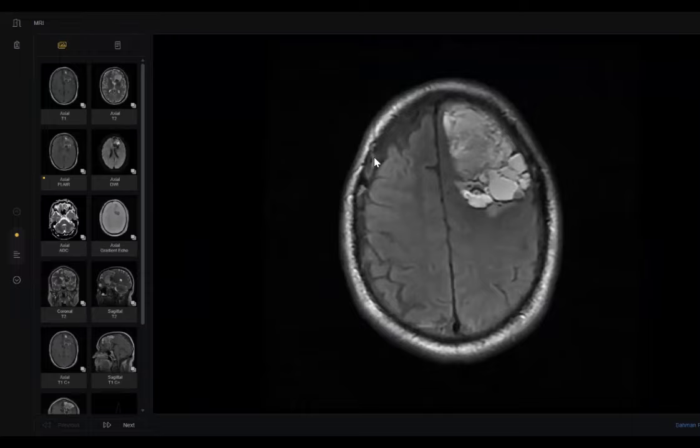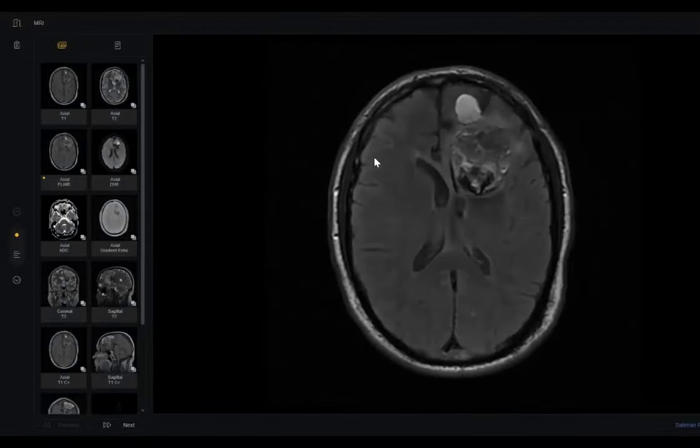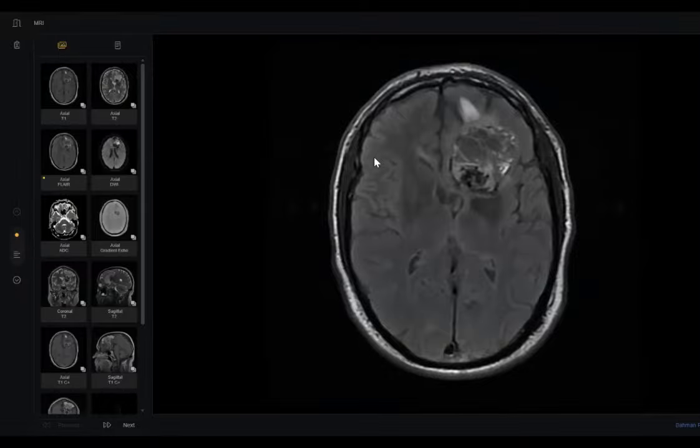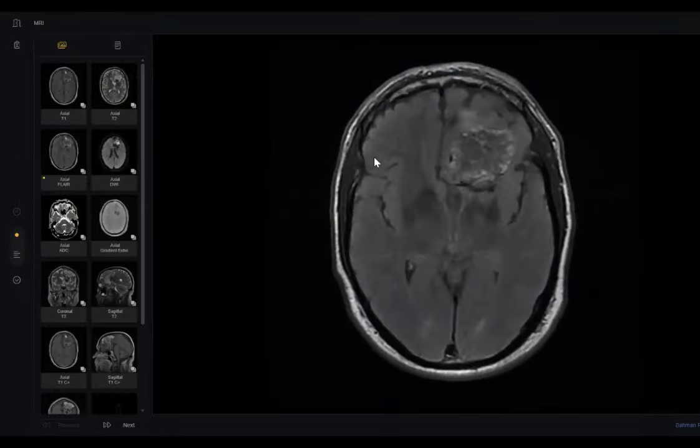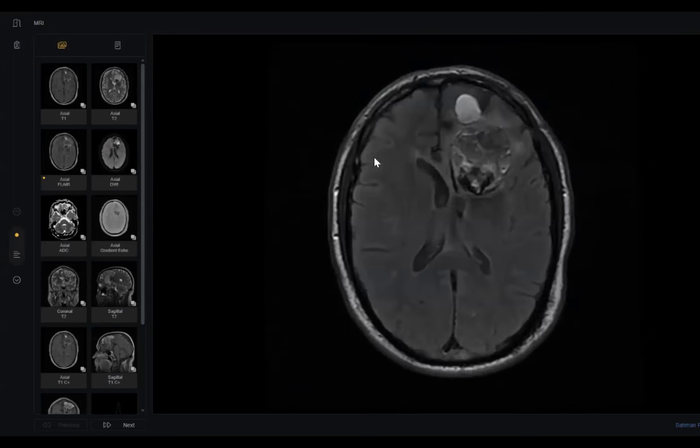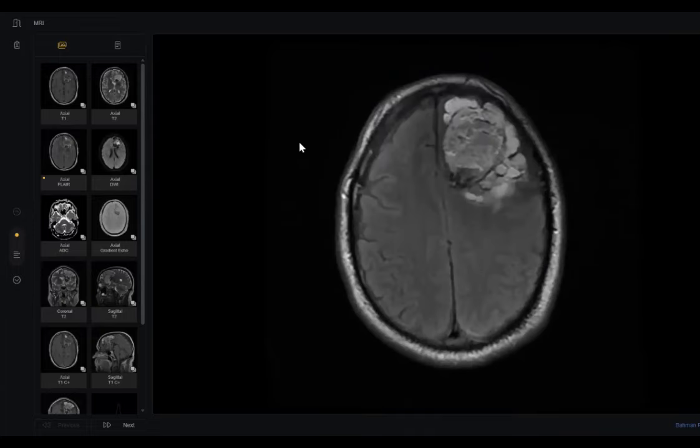This mass has some cystic component in it, and on the T1 weighted image I am thinking of these hyperintense components as hemorrhage or a fat component, which I will confirm on the subsequent images. A slight midline shift is noted.